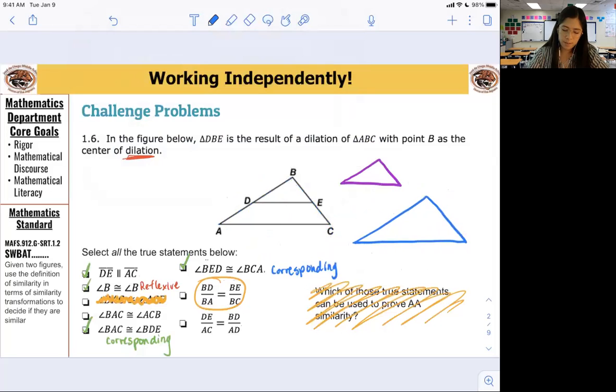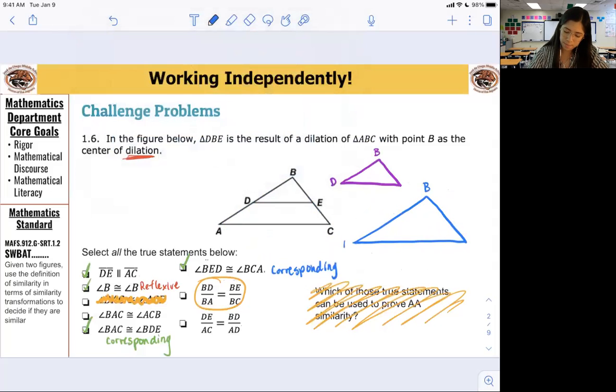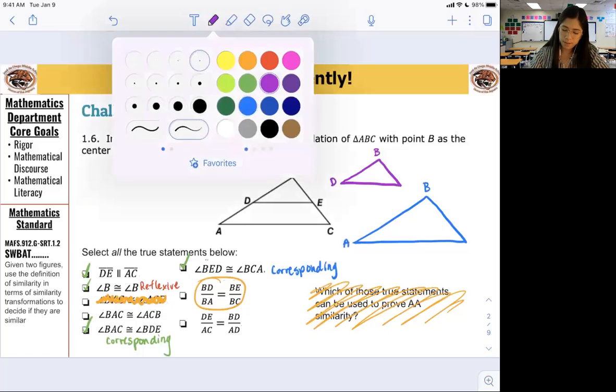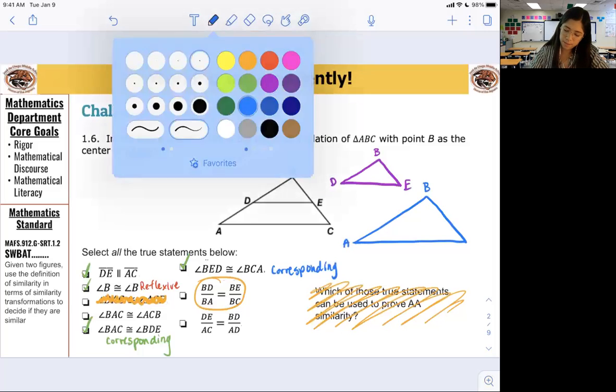BD over BA. Are those corresponding sides? Yeah, those are corresponding sides. BE over BC. Corresponding sides?